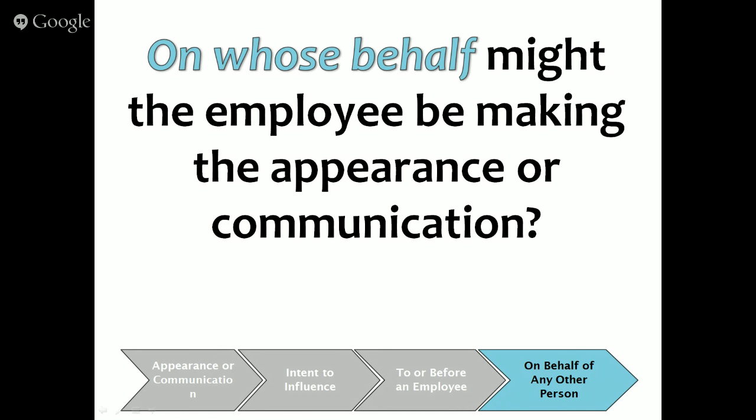Okay. So we say a former employee does not act on behalf of another merely because his communication or appearance is consistent with the interests of the other person, that it's in support of the other person, or that it may cause the other person to derive a benefit as a consequence of the former employee's activity. So simply agreeing with someone else or having an opinion that's concurrent or similar to someone else and expressing that view is not acting on their behalf.